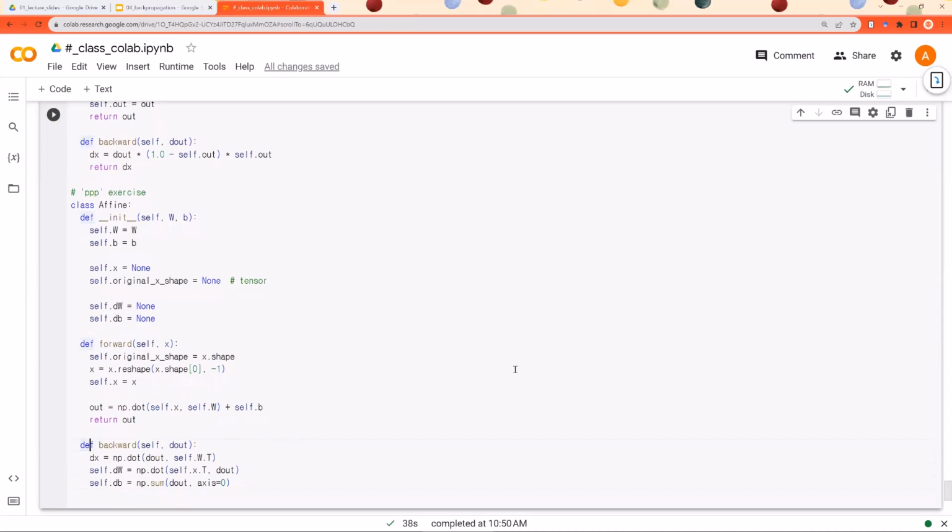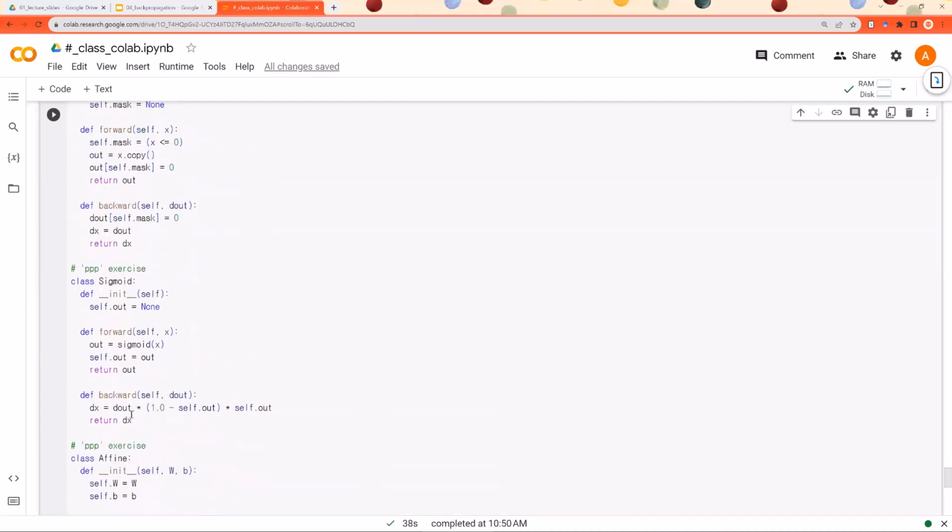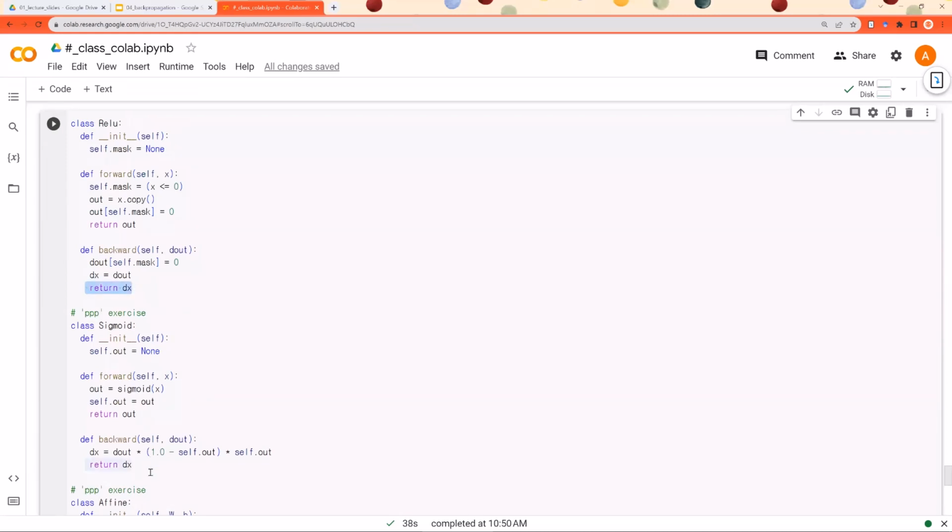Because this backward returns this value, we need to restore the original shape. This is to deal with tensors. And we're going to return dx. This is just one choice of implementation. If you want to pass dw and db, that's also okay. However, in our implementation, we're just passing dx.